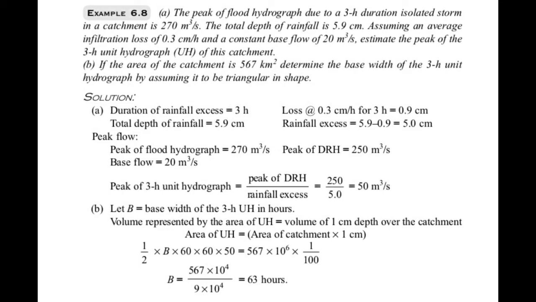A. Estimate the peak of the 3-hour unit hydrograph of this catchment. B. If the area of the catchment is 567 kilometer squared, determine the base width of the 3-hour unit hydrograph by assuming it to be triangular in shape.